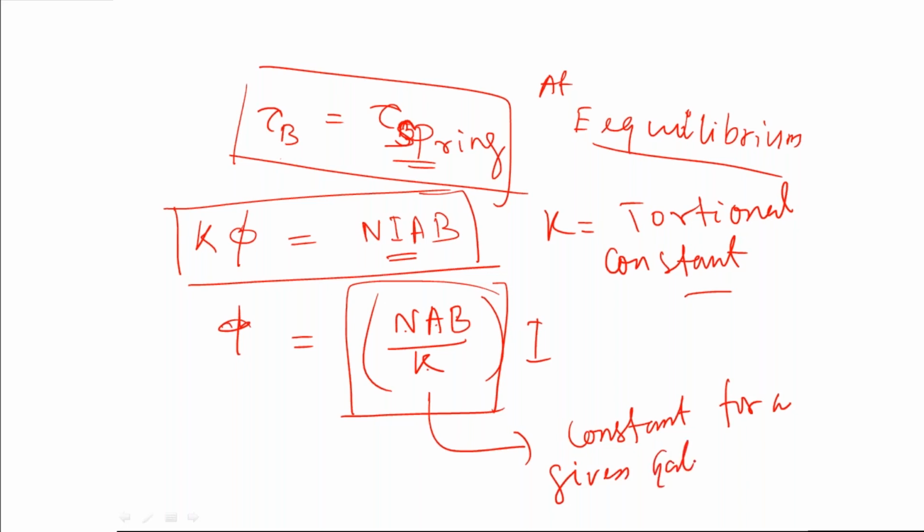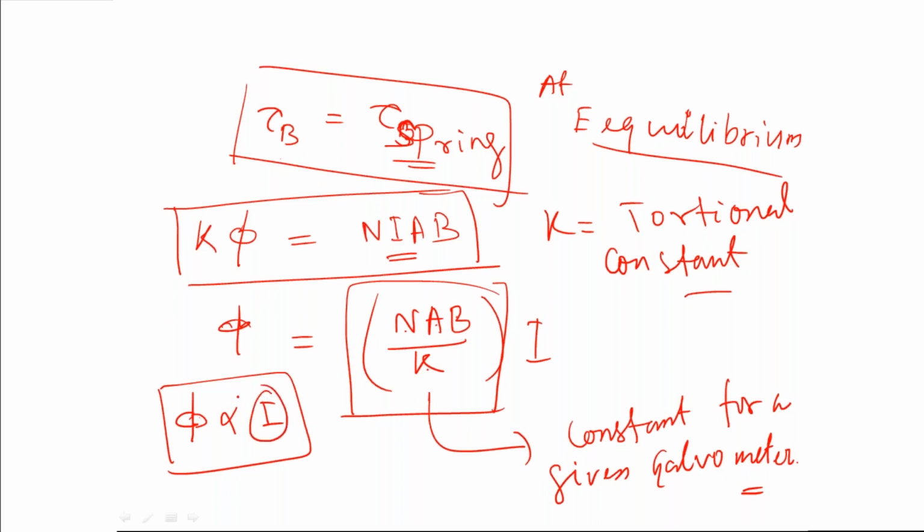Now look, you can see that this phi is directly proportional to I. If the current in the circuit is more, deflection is more. If the current in the circuit is less, then deflection is less. So this is how you can get it.